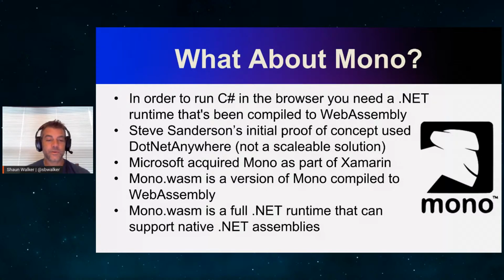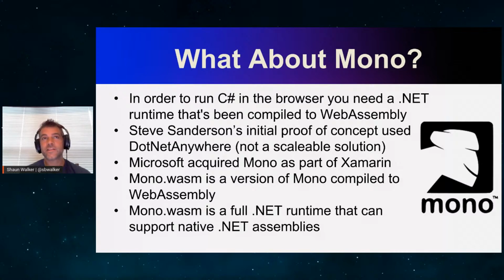Coincidentally, if we think back to around that same time frame, Microsoft had recently acquired Xamarin, primarily for the mobile capabilities for building native mobile applications. But the team behind Xamarin had also been maintaining Mono for a long time. And Mono, of course, is the cross-platform version of the .NET Framework.